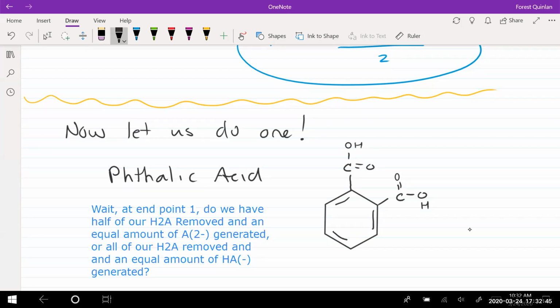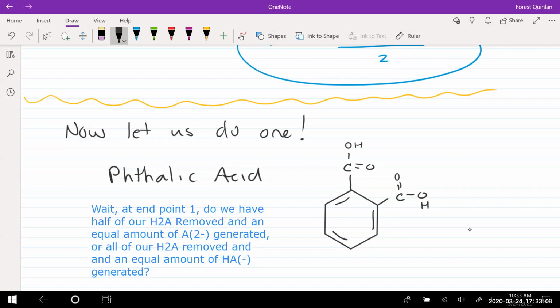Wait, at the endpoint 1, do we have half our H2A removed and an equal amount of A2 minus generated, or all of our? Oh, it's just half. I don't know who typed that, but that is awesome. Was that you, Dallas? That seems like a Dallas thing. Dallas, keep that up.